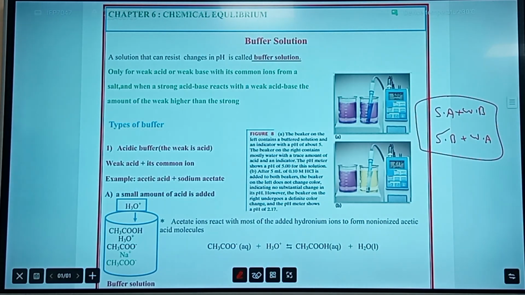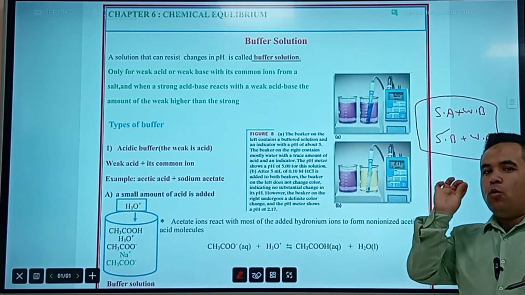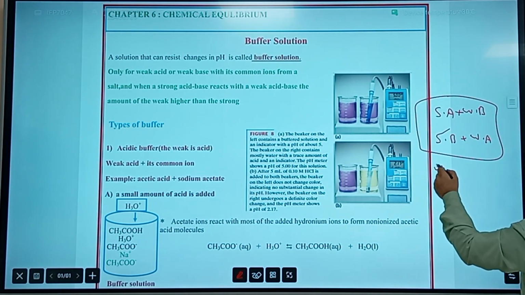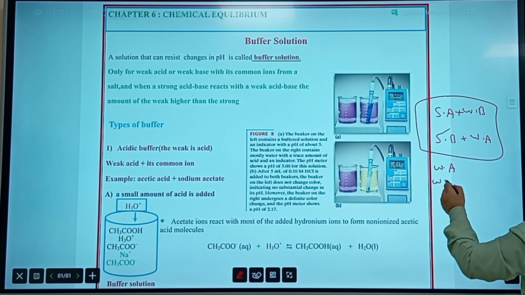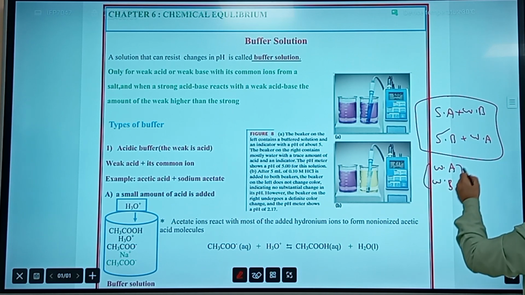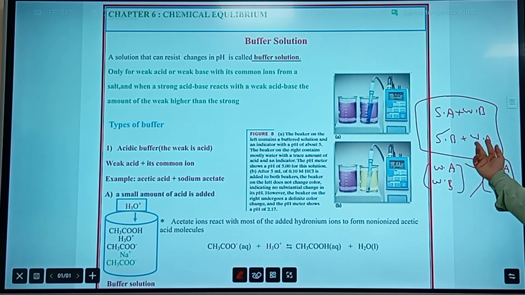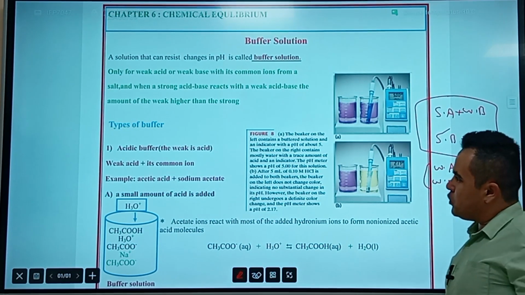This combination can form a buffer, but with a specific condition: the weak acid and weak base concentrations must be higher than the strong acid and strong base concentration. This must be met in order to take the combination of these two as a buffer solution. The weak must be higher than the strong.